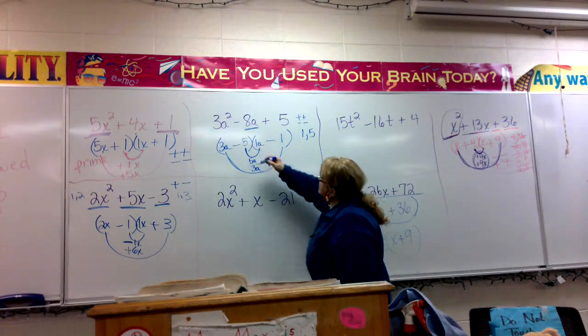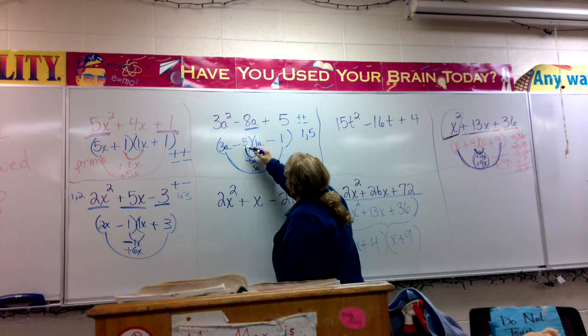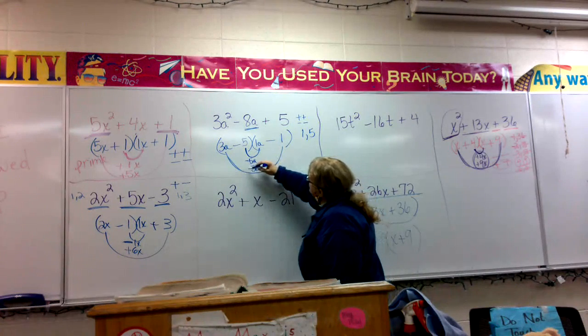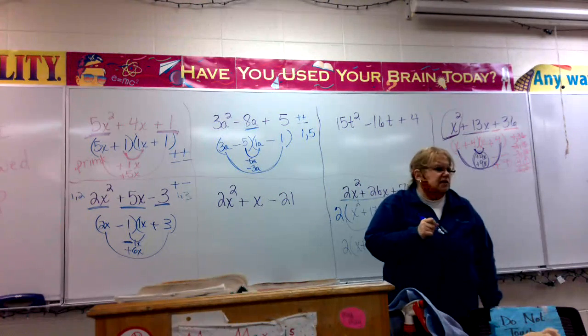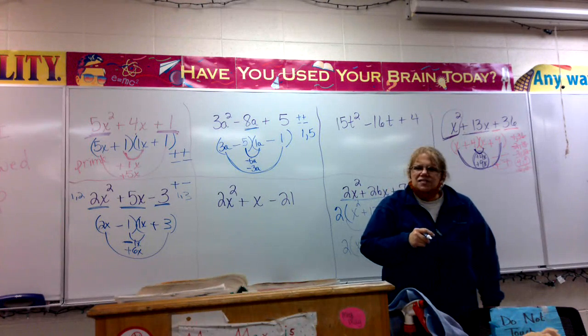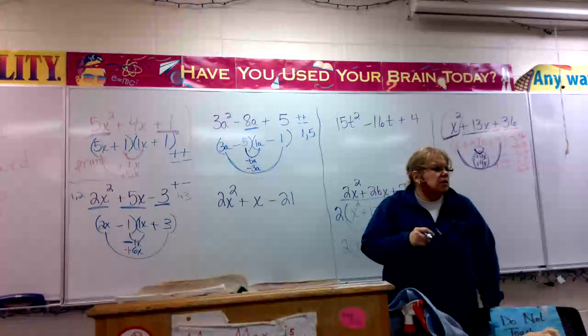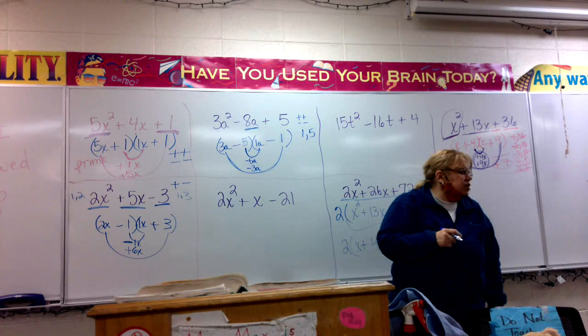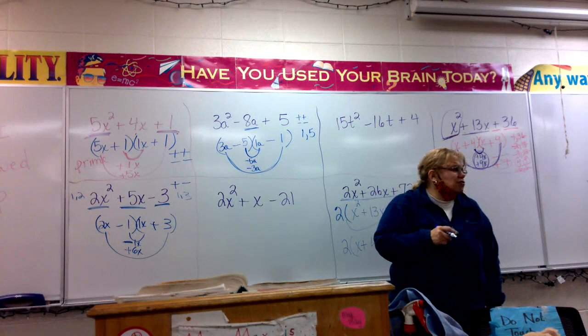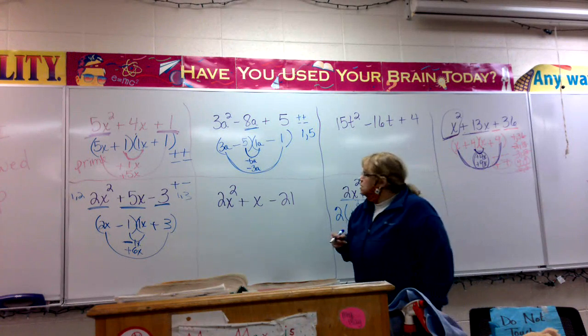So they're both going to be negative. Negative 5a, negative 3a, that's going to give me a negative 8a. Does that make sense? Does that make sense, Jaden? Oh, good.